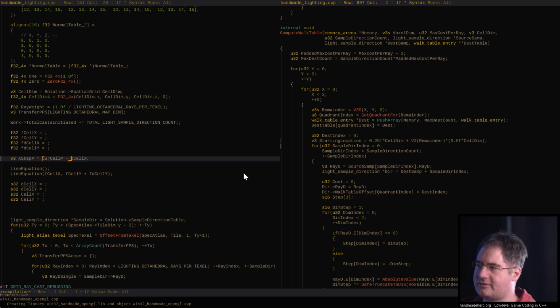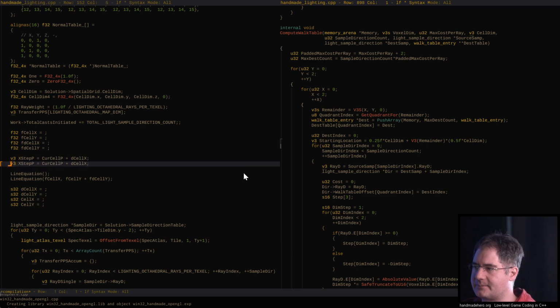And this is basically just either positive or negative. It's either one entire voxel distance in the X coordinate positively or negatively. This is where we would end up, right?